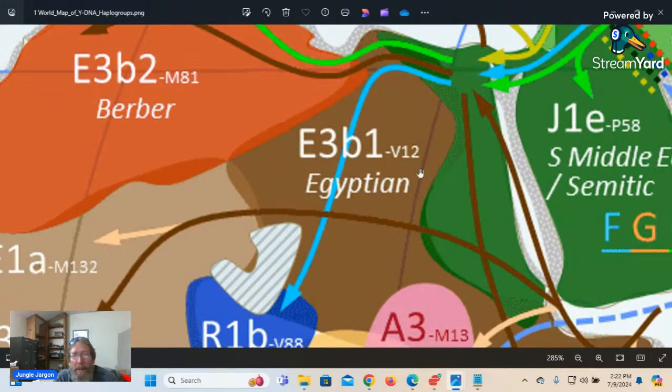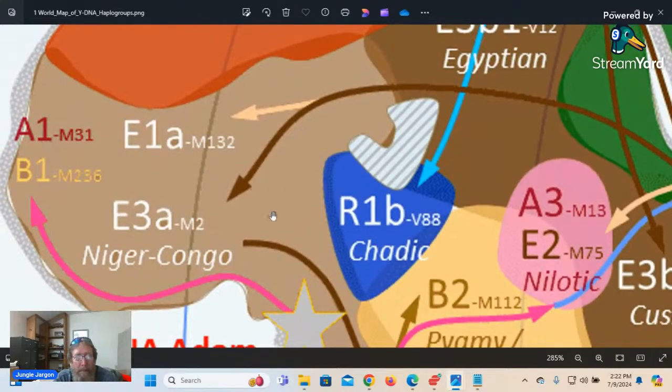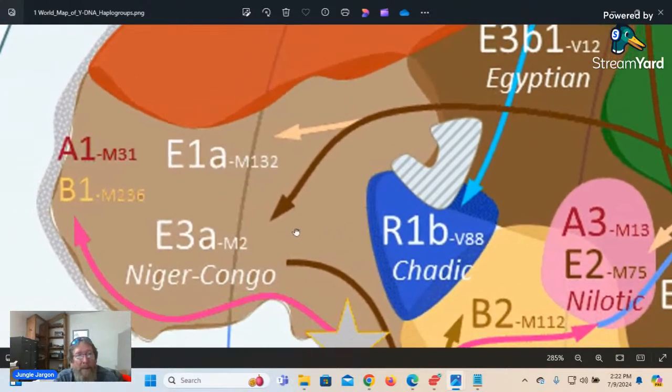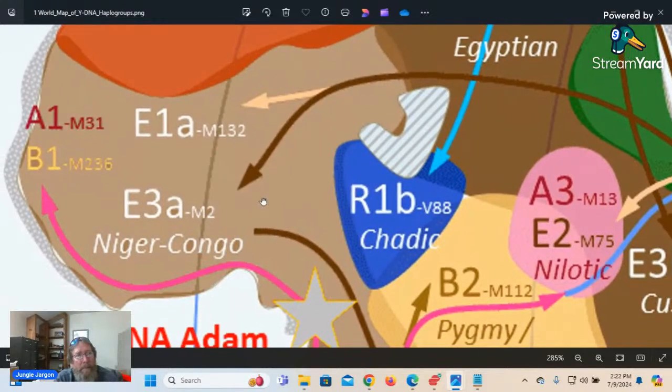So E3, of course, Mitzrayim had lots and lots of sons, so this population of E3 is pretty much the largest population of the Hamitic descendants. But the A and the B then would be Cush.